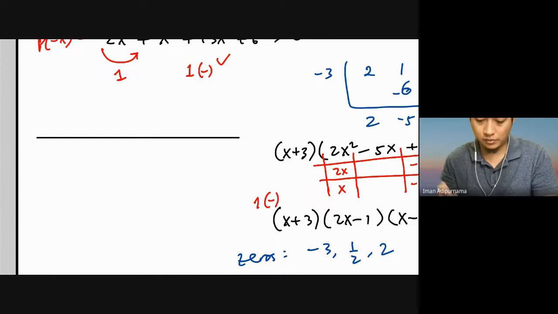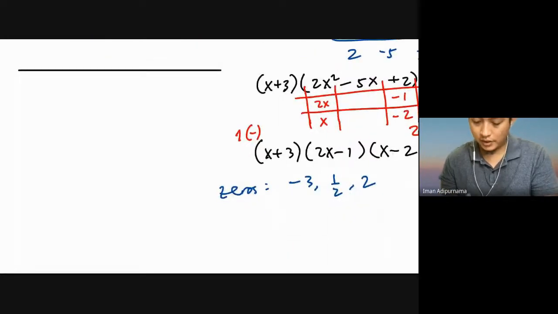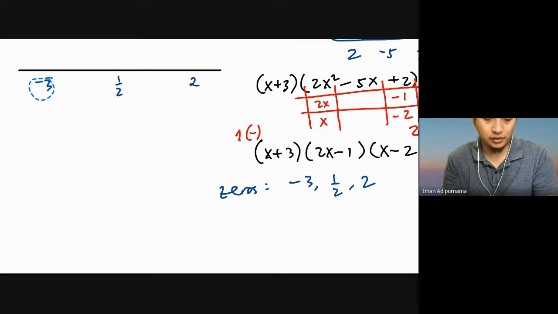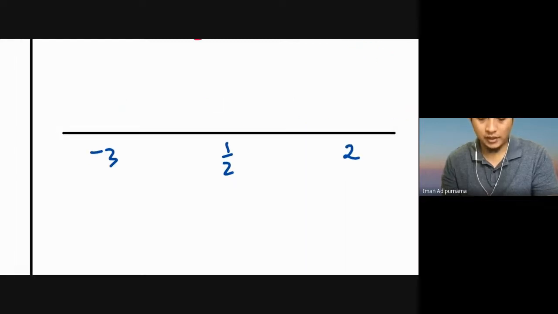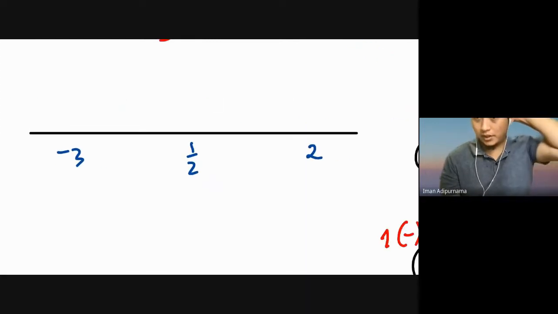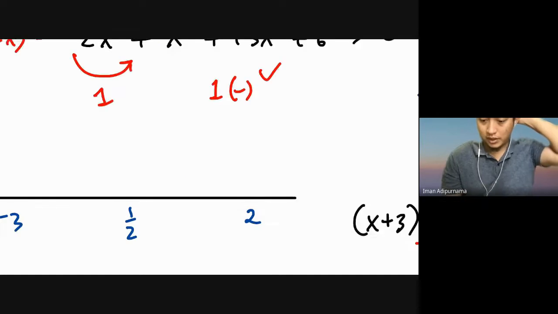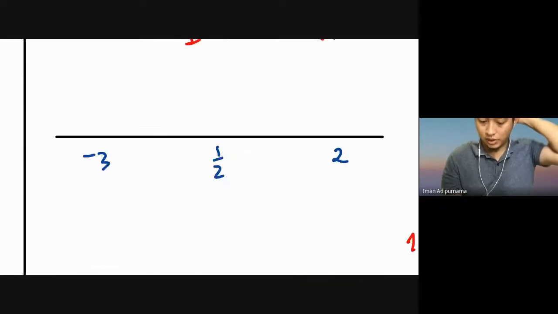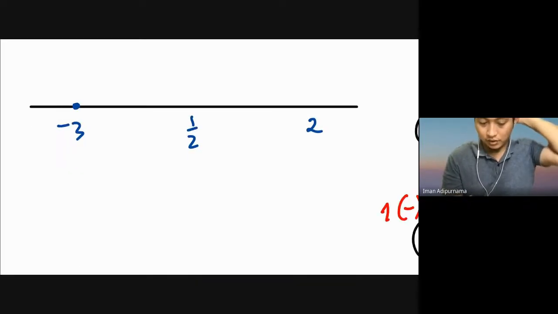So let's write everything here: negative 3, half, and 2 over here. It needs to include the zeros in the interval because we need greater than or equal, so we are going to have closed intervals here, right?